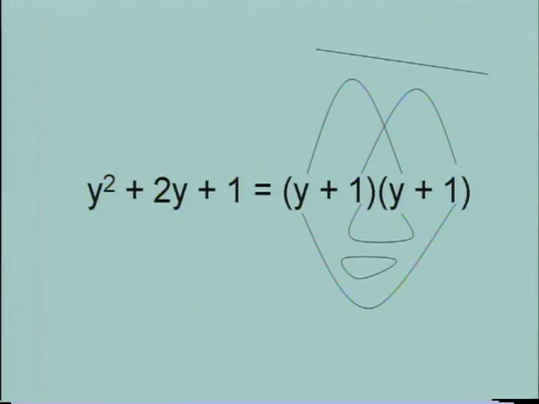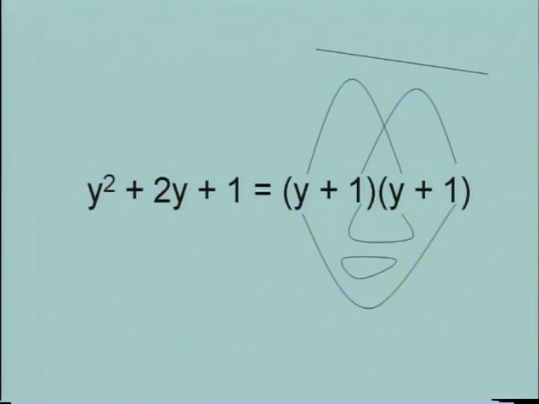We can use this beautiful diagram to explain the same principle of FOIL. First term, if you follow the first eyebrow, y times y will give us y squared, which is the first term on the left hand side.